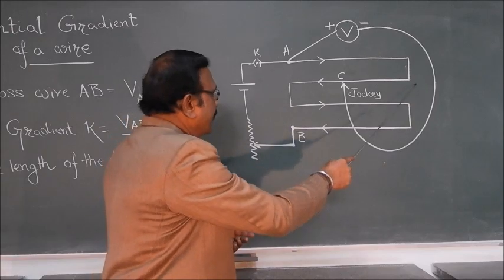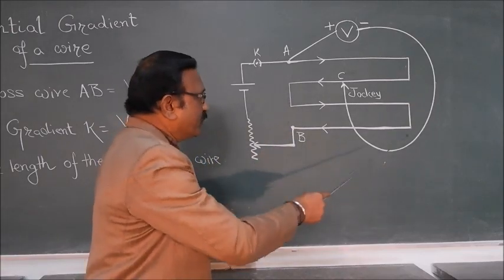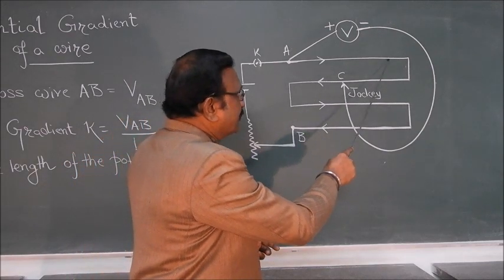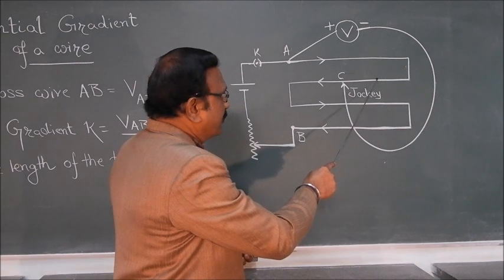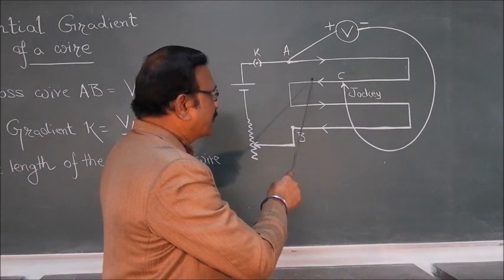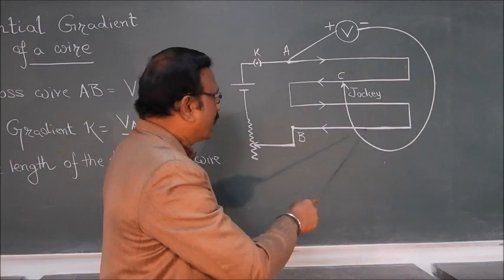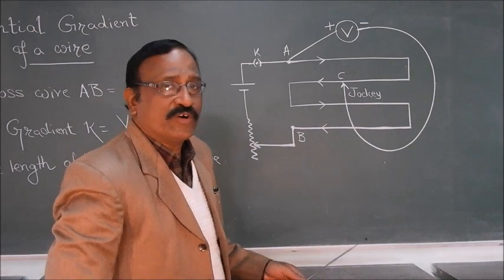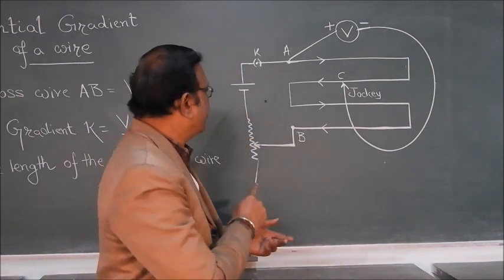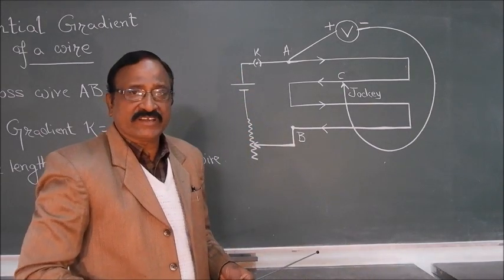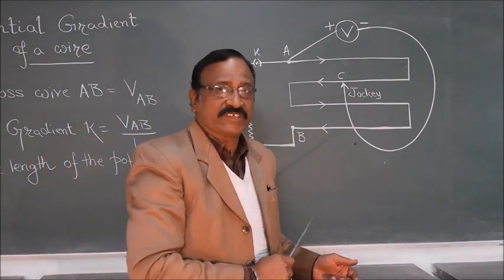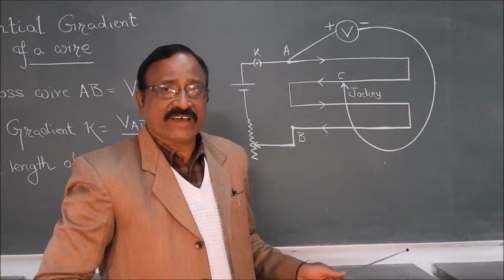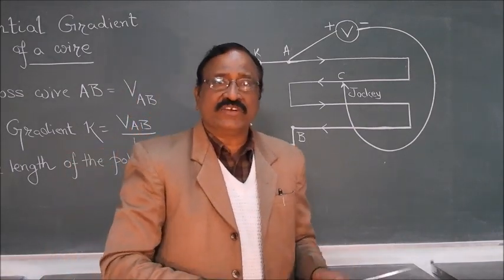In this manner, we'll try to cover the entire potentiometer wire. So we'll start with 40 centimeter length, 80 centimeter length, then 120 centimeter length, then 160 centimeter length, and so on. We go up to 400 centimeter length of the potentiometer wire. After performing one set of observations, we'll change the potential difference from the eliminator and take another set of observations with different values of potential difference. Then we'll compare the potential gradient in the two cases.